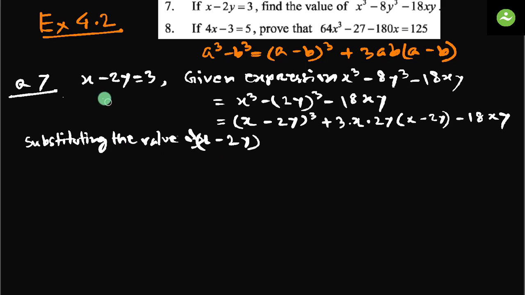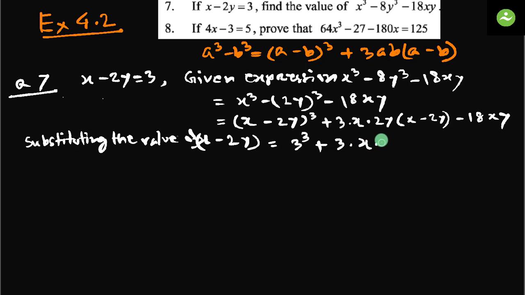What is the value of x minus 2y? It is 3. So if we substitute the value of x minus 2y, what do we get? 3 cube plus 3 into 2 is 12, and x minus 2y is, okay, let's write the value first before we calculate.